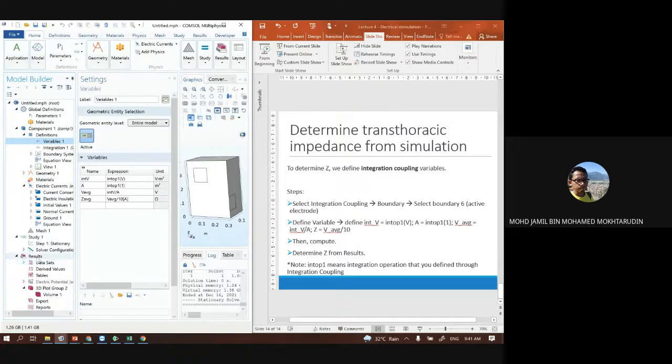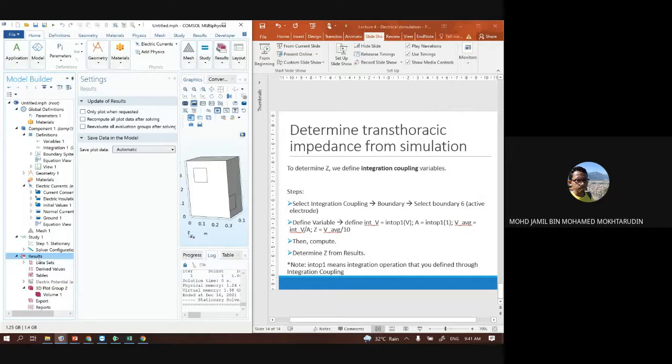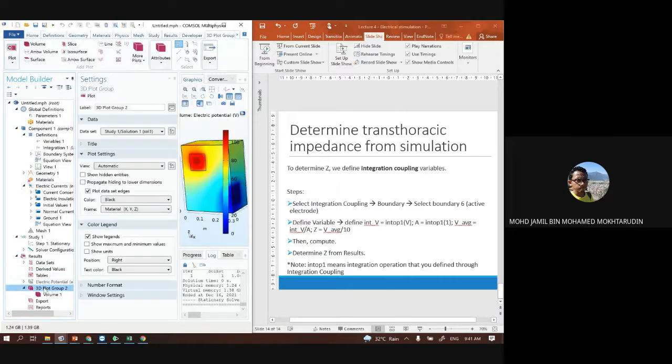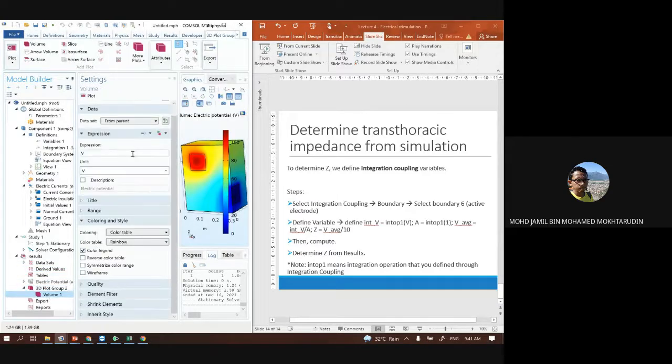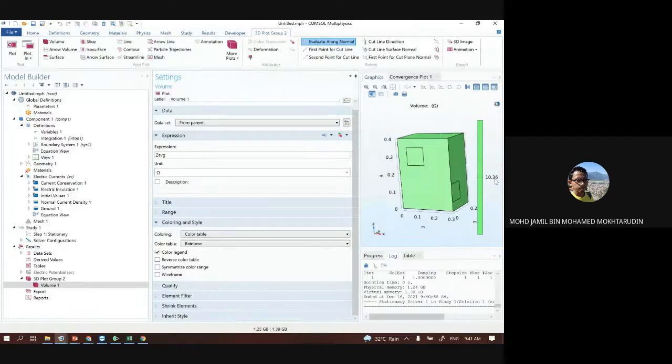To view the results, you can go here, derive value, or volume. Just write ZAVG. If you plot, the ZAVG will be 10.36. This is one way to determine the value of ZAVG.